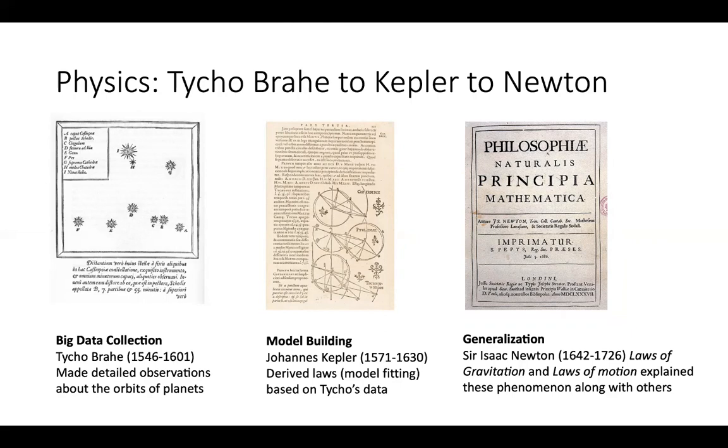These were very model agnostic, in that they did not provide any foundations for why that particular behavior was being observed, but they did provide a mathematical formulation. And almost a century later, Isaac Newton unified all of these phenomena and a host of additional phenomena with just two sets of laws, the laws of gravitation and the laws of motion.